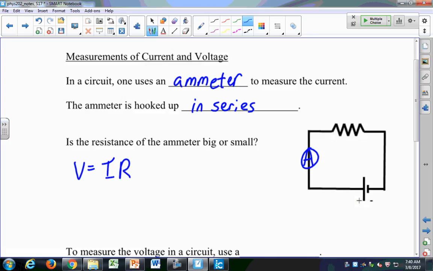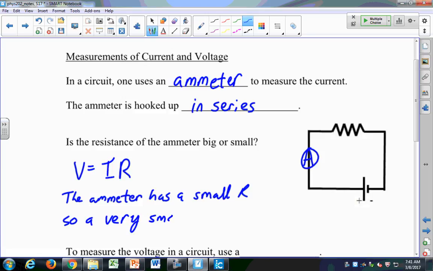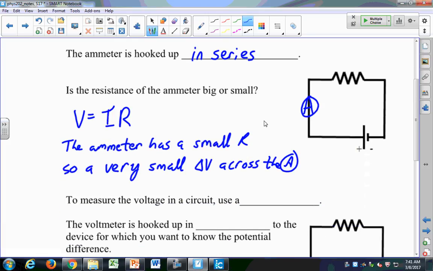But if we have a very small resistance, then I'll have a small potential change across the ammeter. So we want our ammeter to have a very small resistance. It has a small resistance, so a very small change in potential across the ammeter. And this changes the circuit as little as possible.